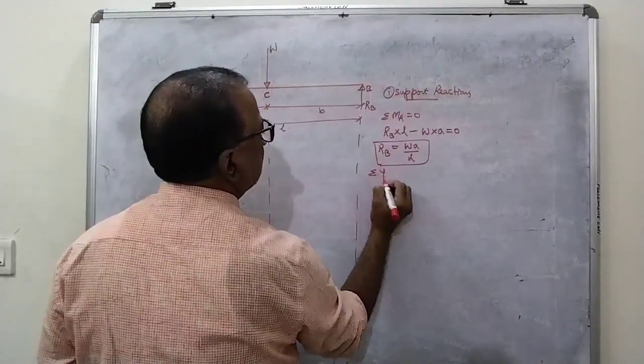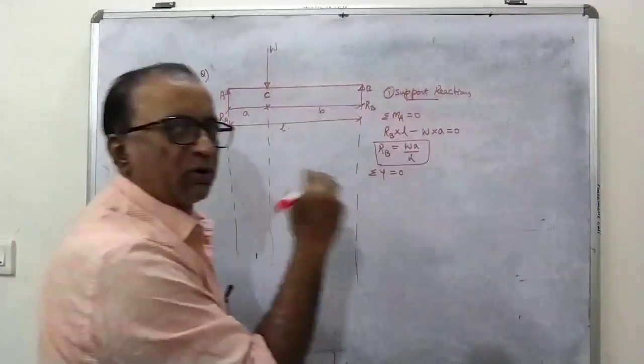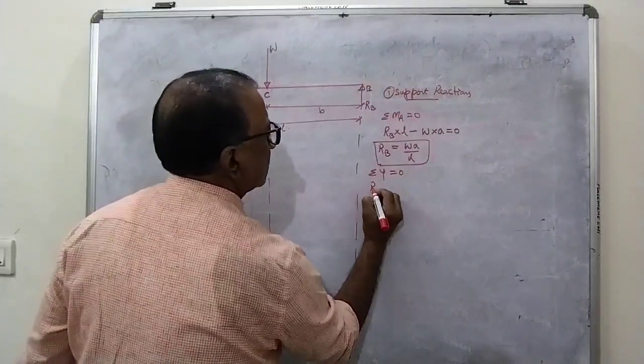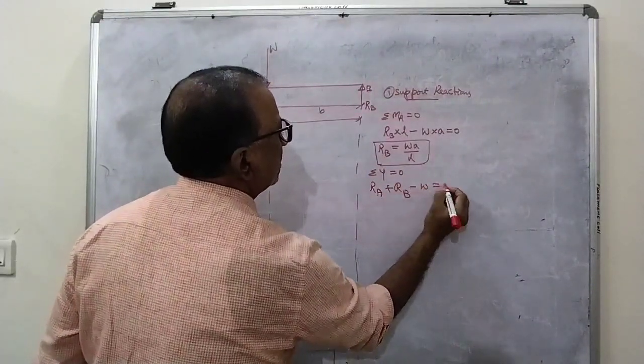In a similar way, using the second equation, the algebraic sum of upward forces is equal to the algebraic sum of downward forces. So with upward as positive, RA plus RB minus W is equal to 0.